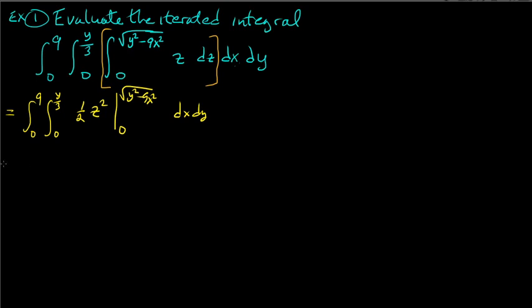I can pull out the 1/2, it's a constant. So this is the integral from 0 to 9 of the integral from 0 to y over 3 of the square root of y squared minus 9x squared, squared, but when you square the square root, you just get y squared minus 9x squared.